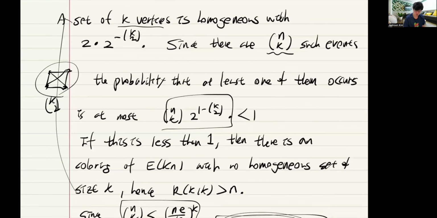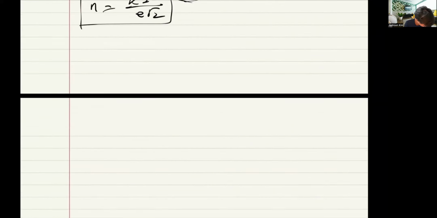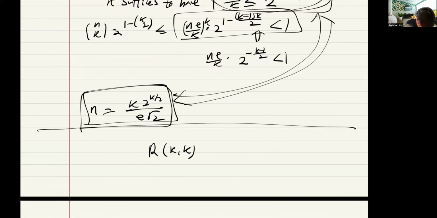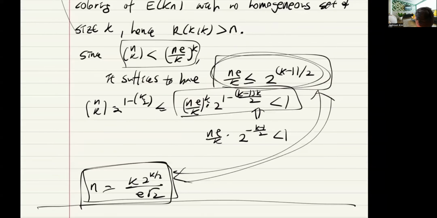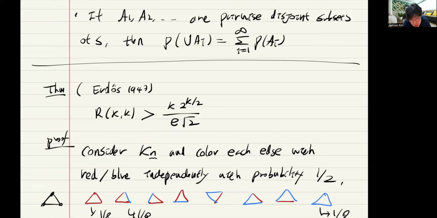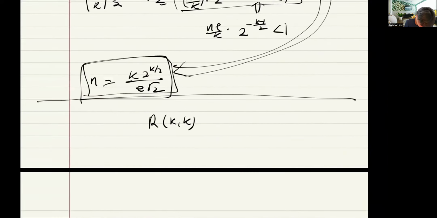So this probability becomes smaller than 1. So this shows this bound. That means when n is this, there is a red-blue coloring which avoids any red monochromatic Kk or blue monochromatic Kk. So this inequality holds.